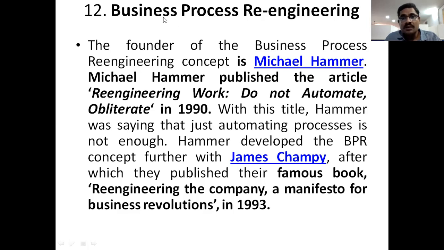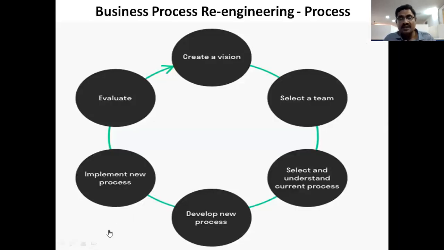So here we replan, redesign, and reconstruct all these business activities: finance, marketing, HR, production, and their activities are redesigned, reframed, re-prepared, replanned. That is simply called business process reengineering. Okay, so this is the process.